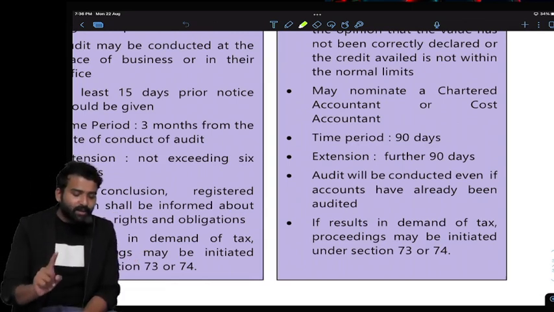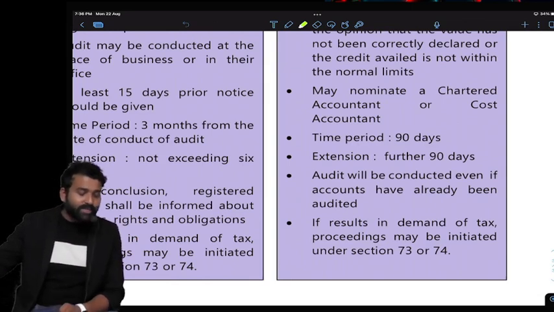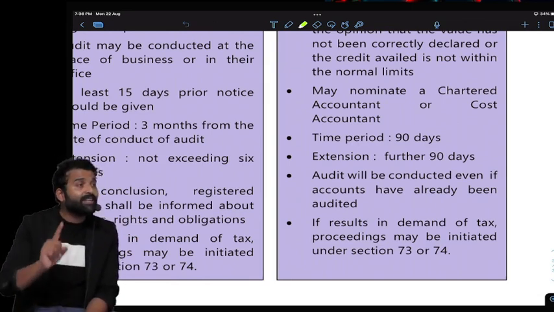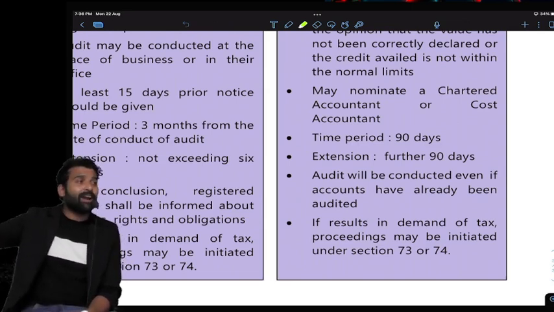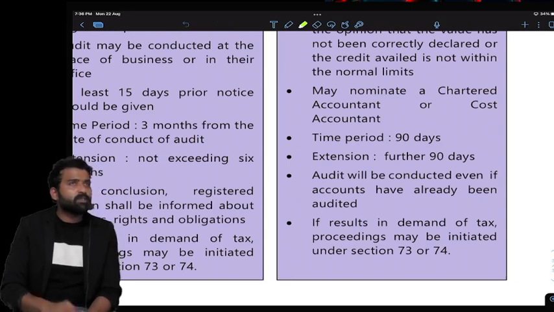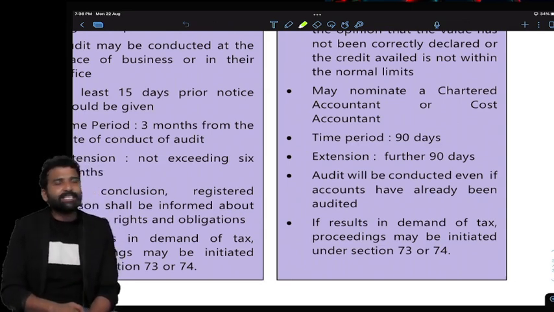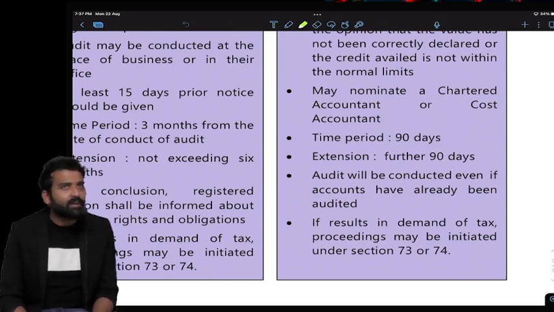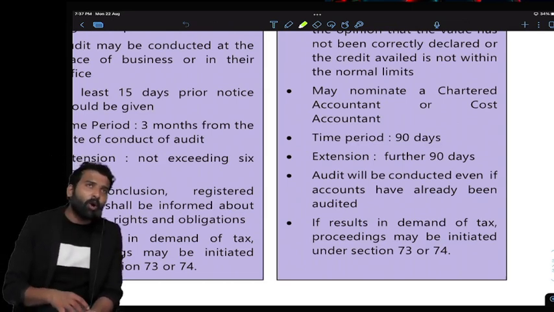Audit is conducted for the accounts. But the interesting thing is, this audit will be conducted even if the accounts are already audited by another chartered accountant. Like, my books of accounts are already audited by a chartered accountant under the Companies Act. My books of accounts are already audited under the Income Tax Act. Can the department order a special audit for that?